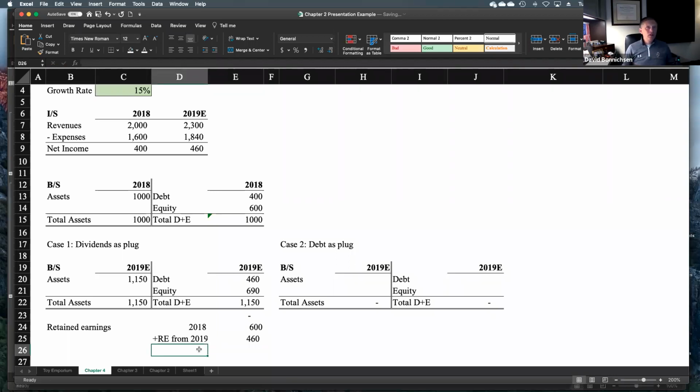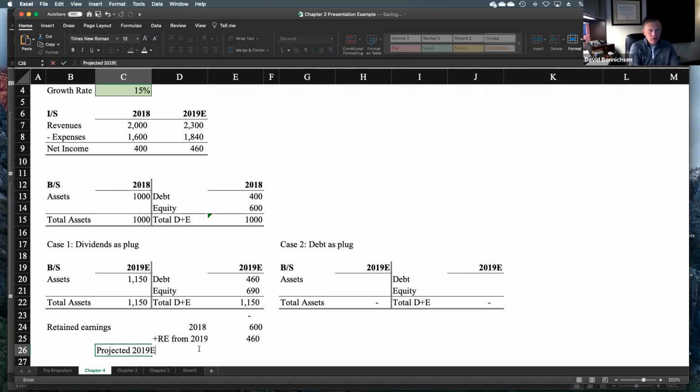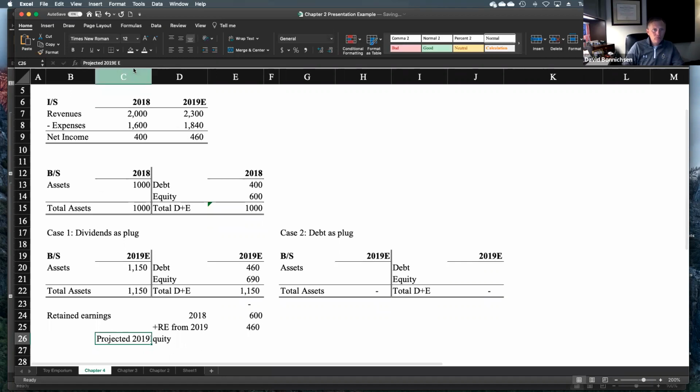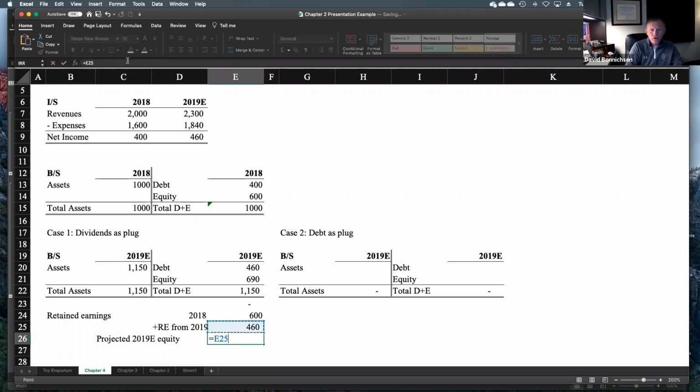So theoretically, our projected 2019 equity should be what we started the year off in retained earnings plus what we put in there, right? So it should be that.